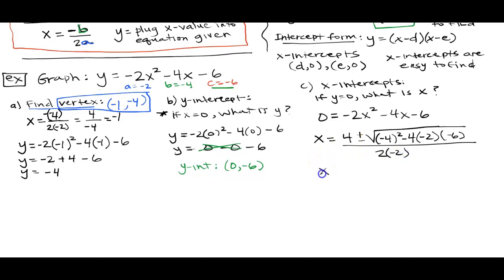And then we just need to simplify things. Let's focus on inside the square root. Negative 4 squared is positive 16. And then a negative times a negative times a negative is going to be negative. So I have 4 times 2 is 8. 8 times 6 is 48.